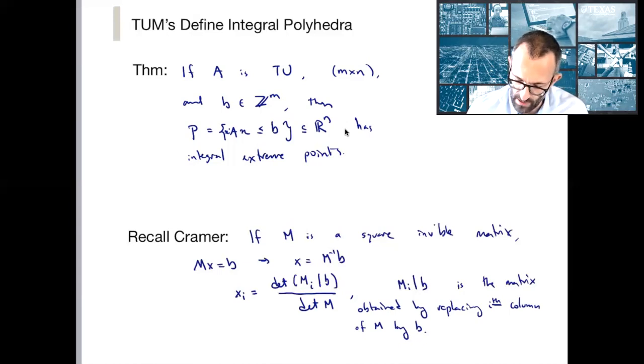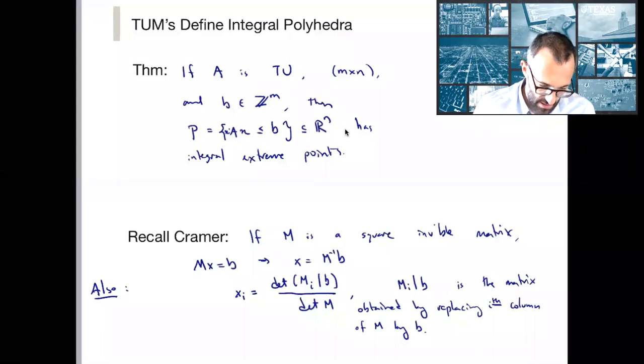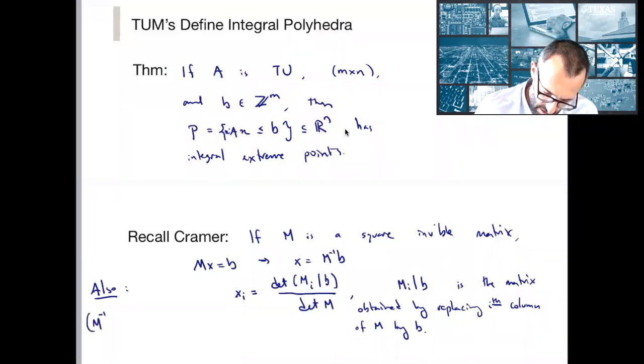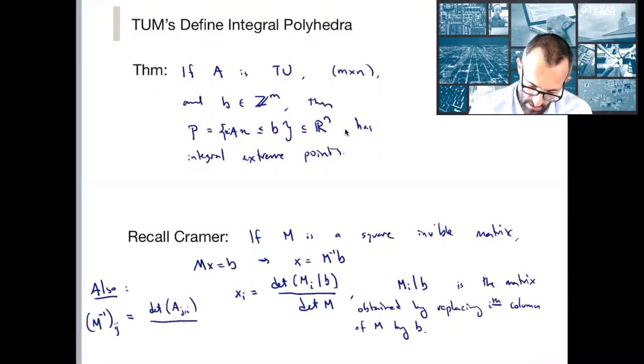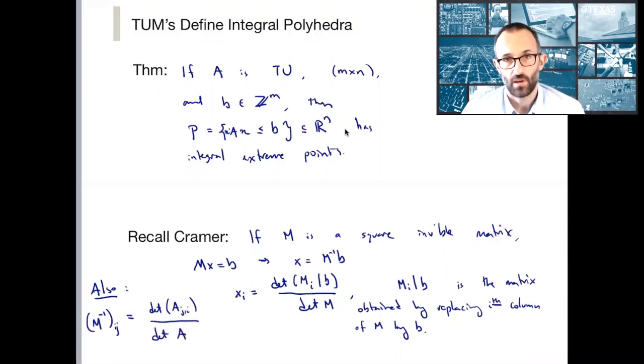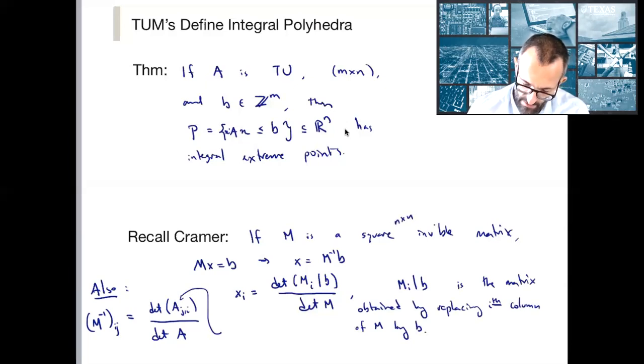But let me also remind you of another version of Cramer's theorem, another useful fact: if M again is a square invertible matrix, then the ij entry of M inverse is equal to the determinant of Aj, sometimes called a cofactor, divided by the determinant of A. Let's see, M is a square, let's call it n by n, invertible matrix.